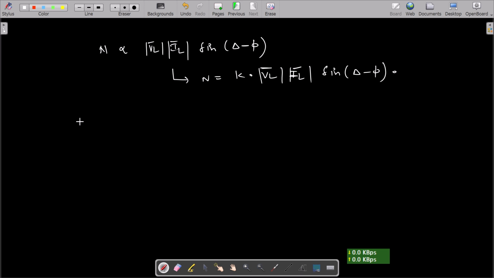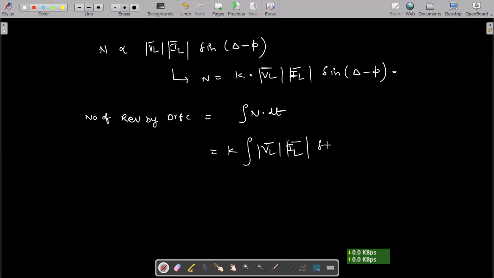Now the number of revolutions made by the disk will be equal to integral N into dt. Substituting the N equation here, we get K into integral of mod VL into IL sine of delta minus phi into dt.